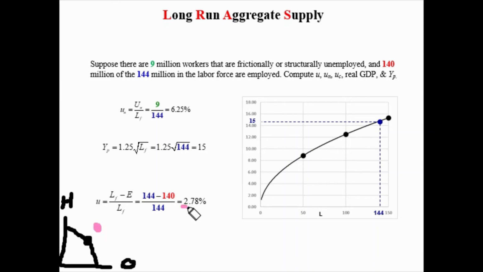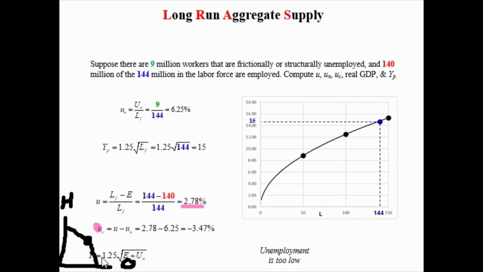Unemployment is lower than the natural rate of unemployment. Cyclical unemployment is the difference in the two. So cyclical unemployment is negative 3.47. Unemployment is considered to be too low. And the reason it's considered too low is that many economists believe that when unemployment is too low, it leads to inflation.